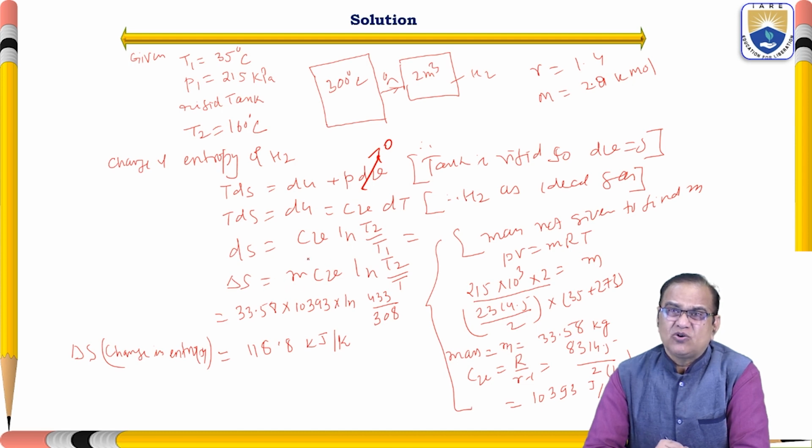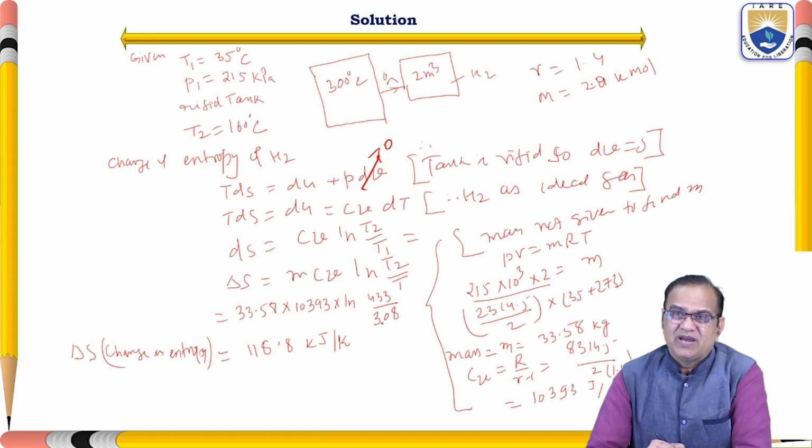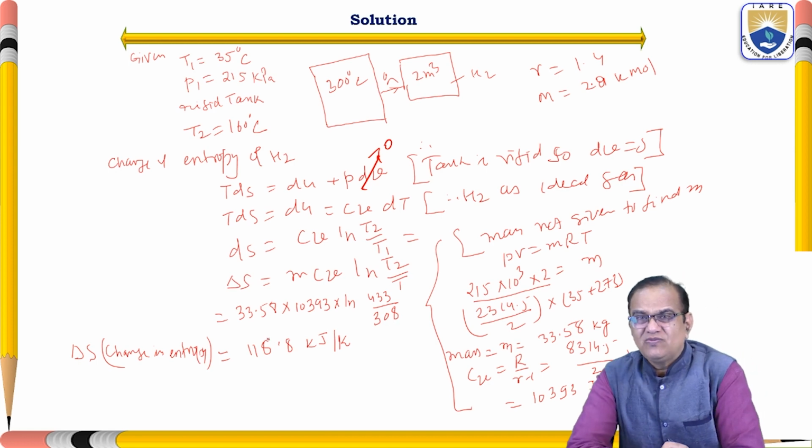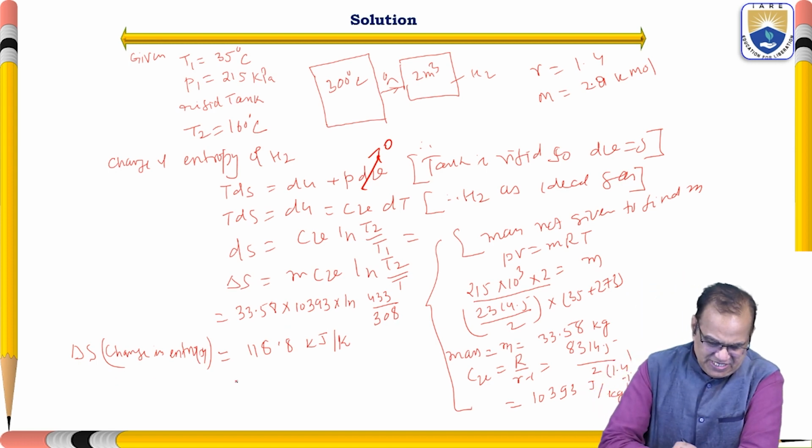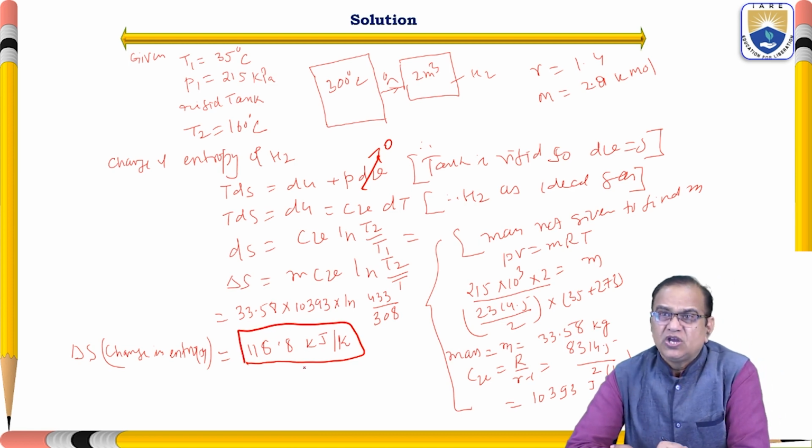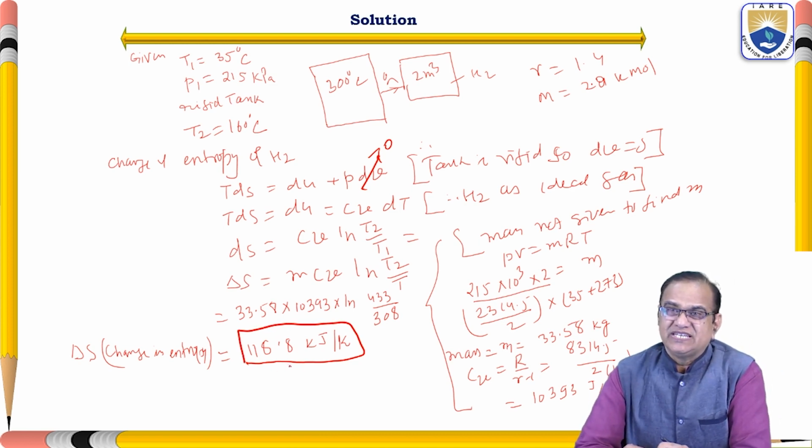So delta S is equal to m CV log T2 by T1. M is given this much. M CV is 10393, and 433 by 308. So you will get here the change in entropy dS is equal to 118.